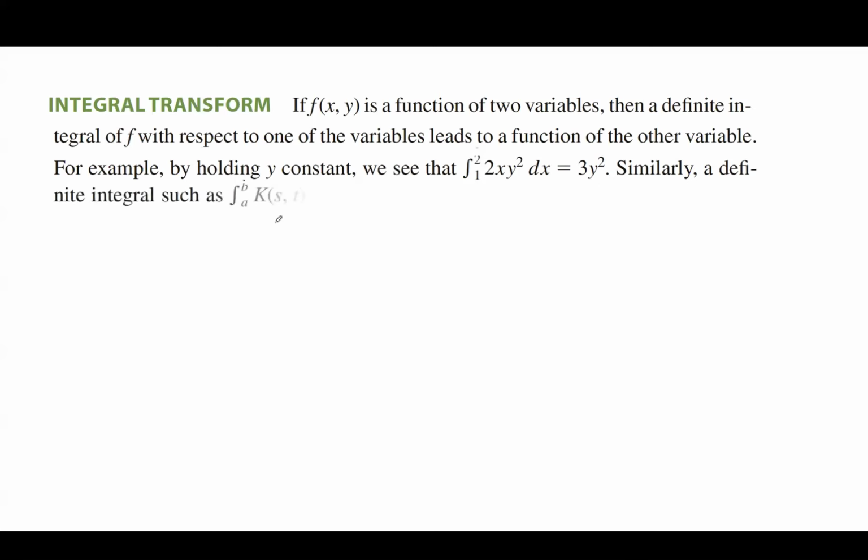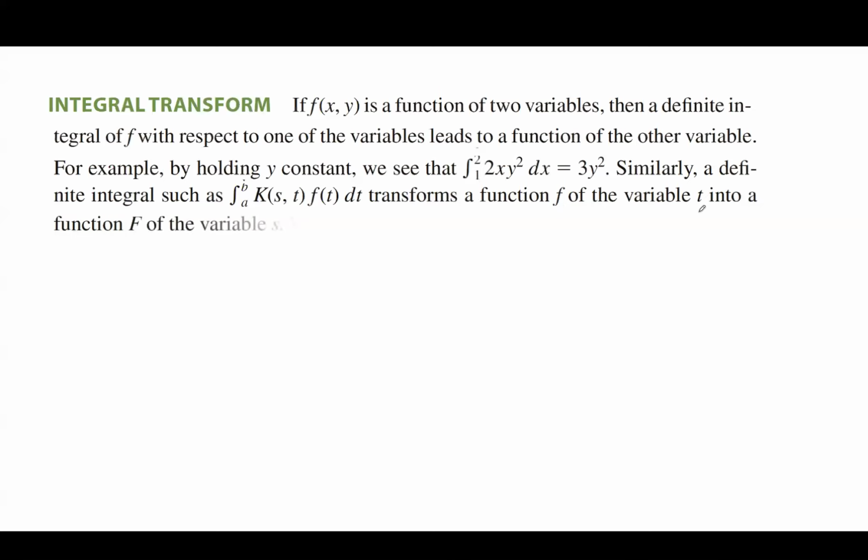Similarly, a definite integral such as the integral of k of s and t multiplied by f of t dt, when t ranges between a and b, transforms a function like f of variable t into a function of capital F of variable s.